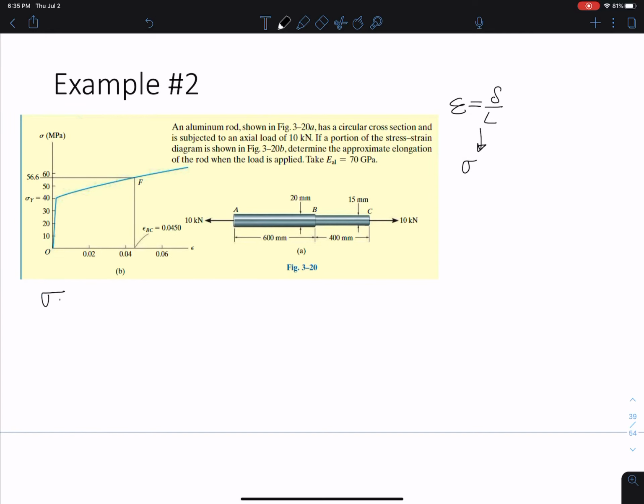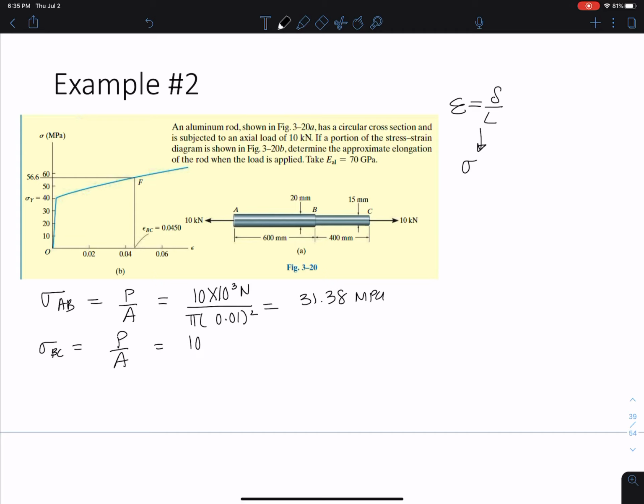So let's see what we do know about this. We know that the stress AB is equal to some force over area. And we also have BC to consider because those have two different cross-sectional areas, right? So we have to calculate these both separately. For AB, we have 10 kilonewtons, I'm going to put this in newtons, divided by the cross-sectional area there. So we have pi times 0.01 squared, and we get 31.38 megapascals.